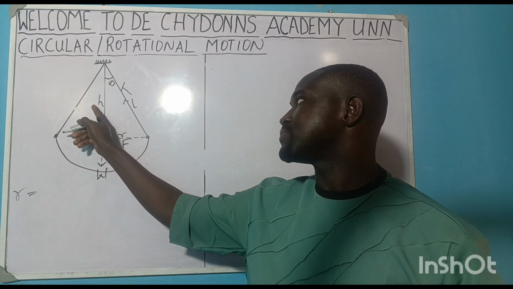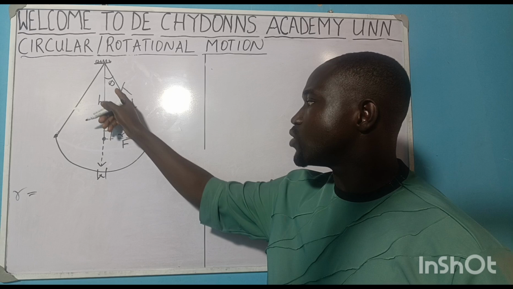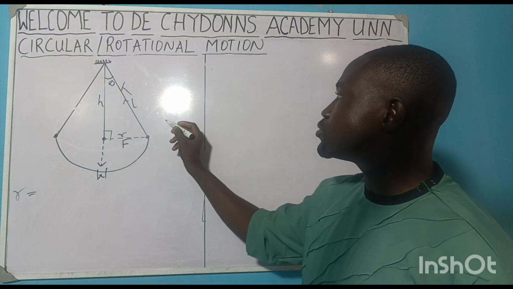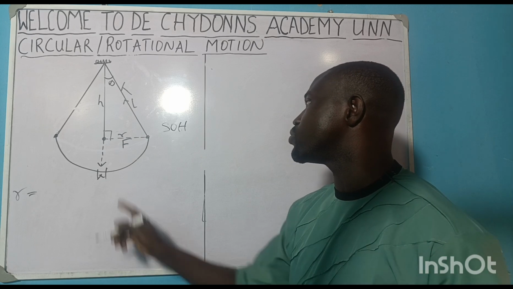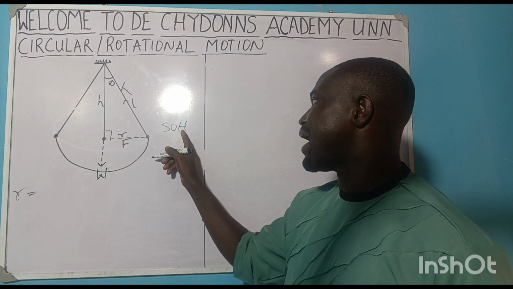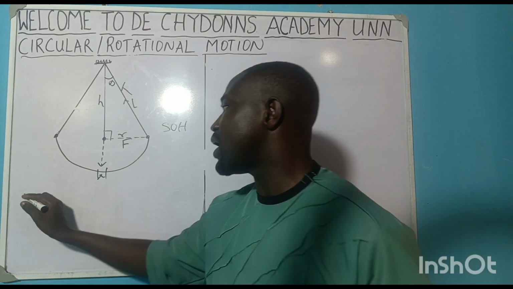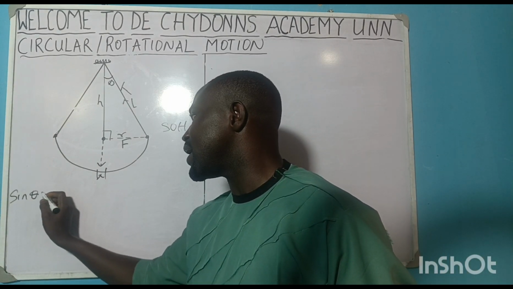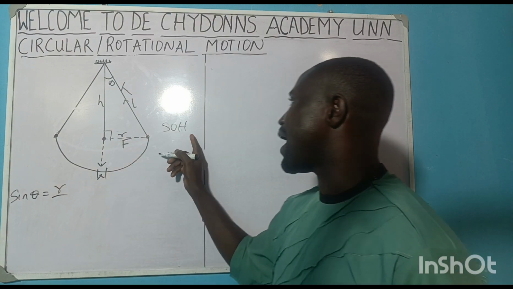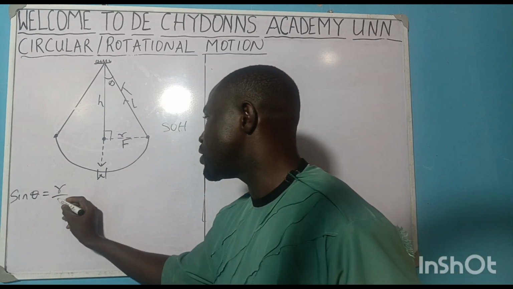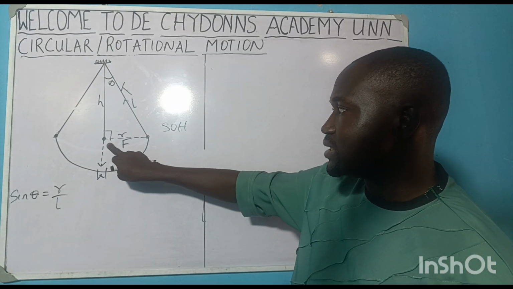Because this is opposite to the angle, my opposite is R and my hypotenuse is L. Using SOH, sine theta equals opposite R over hypotenuse L.